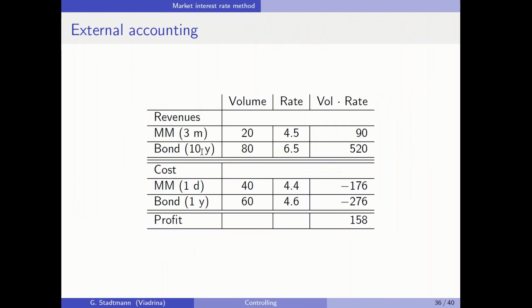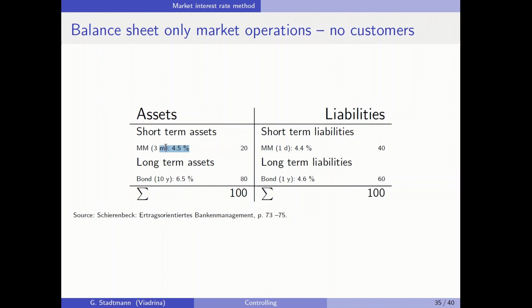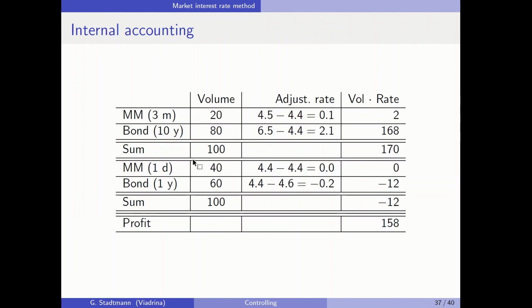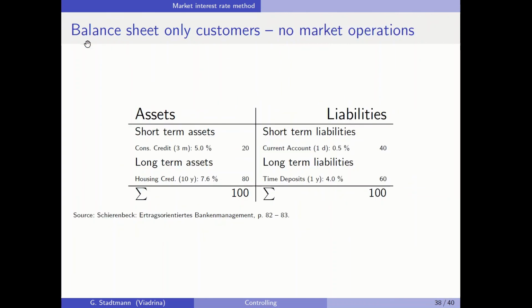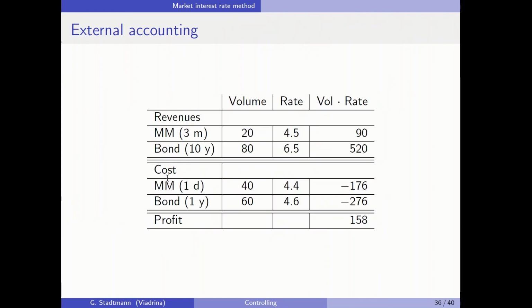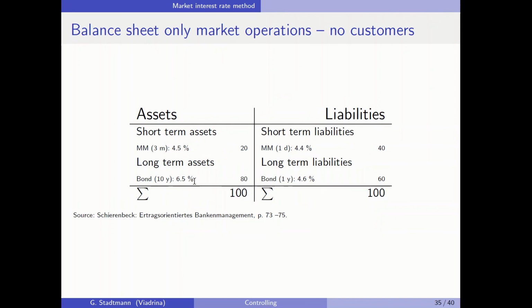This is different compared to the bank we looked at before, which was only able to get 4.5% from the money market rate. Also, when we look at the balance sheet of a bank which has only private customers and companies, this bank is able to make 7.6% on a 10-year housing credit, compared to the other bank which was only able to generate 6.5% for a 10-year bond.